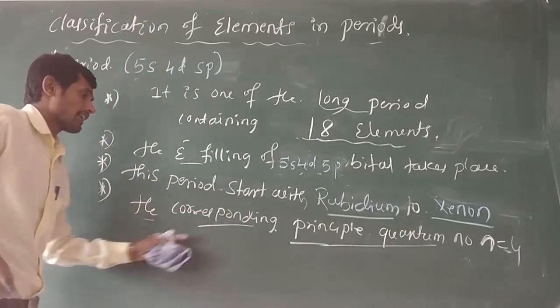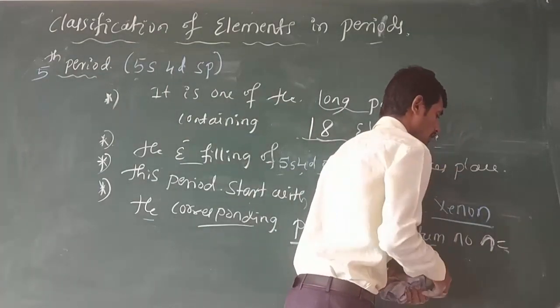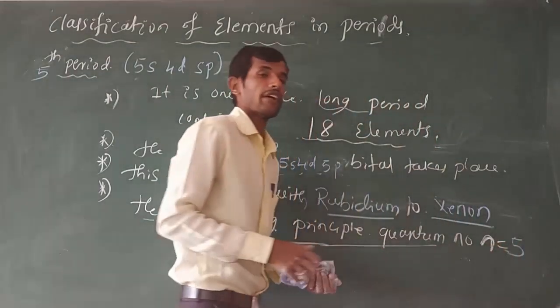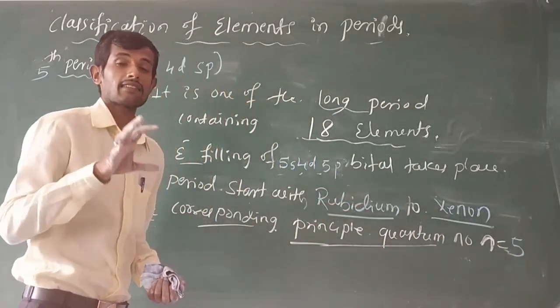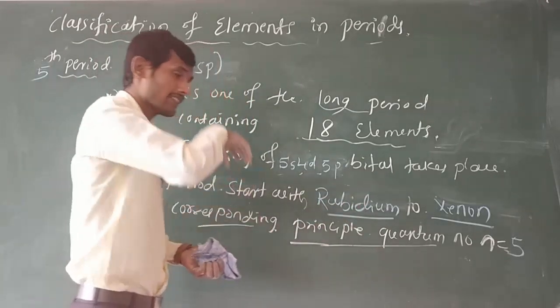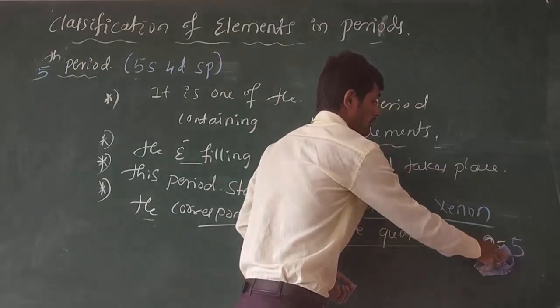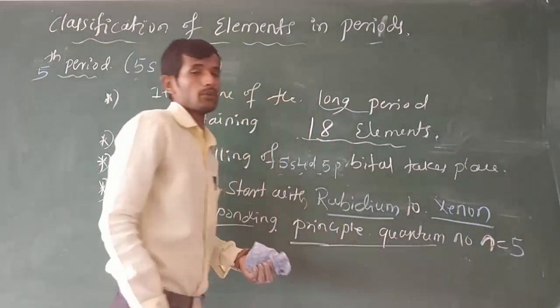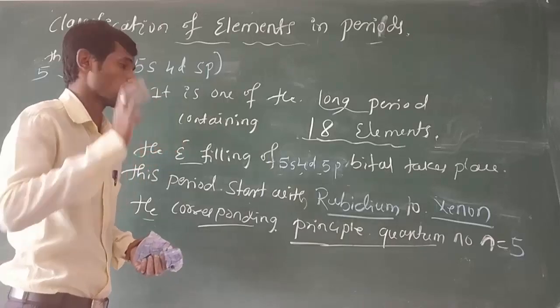And another one, the corresponding principal quantum number is n equal to 5.